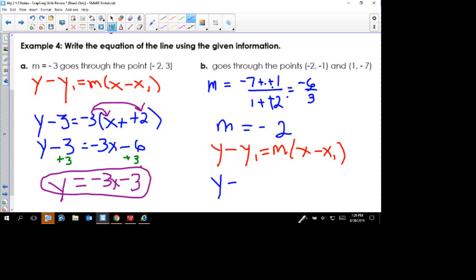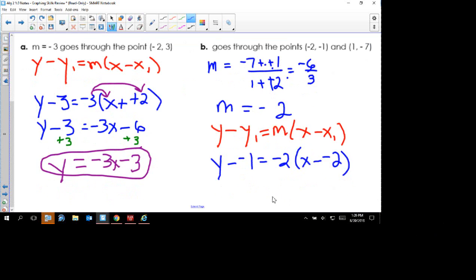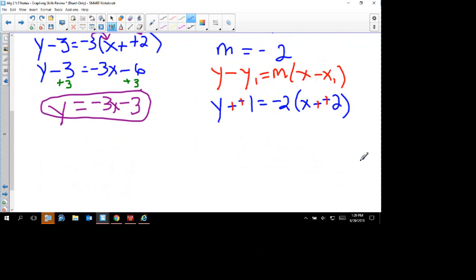Y minus negative 1 equals my slope of negative 2 times x minus negative 2. So I'll make plus instead of negative negative. And I'm going to distribute the negative 2, negative 2x minus 4, from distributing.